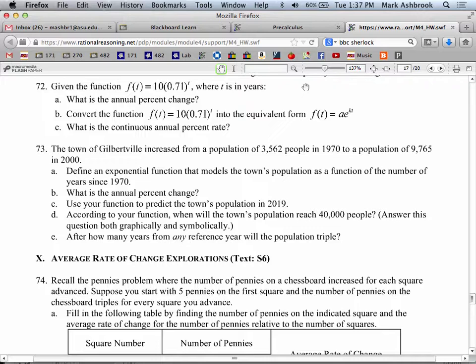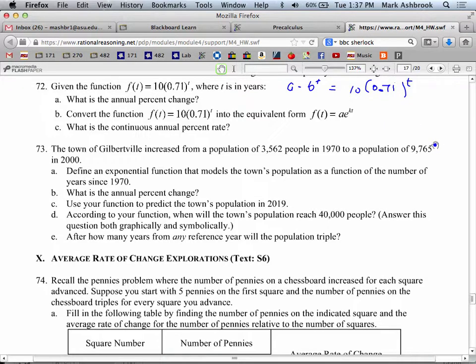So it first asks for the annual percent change. We have a times b to the t, and that is 10 times 0.71 to the t.